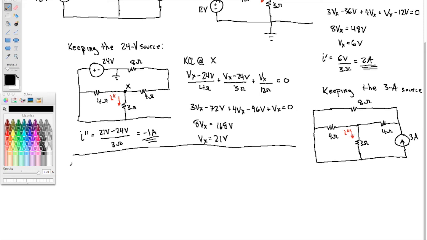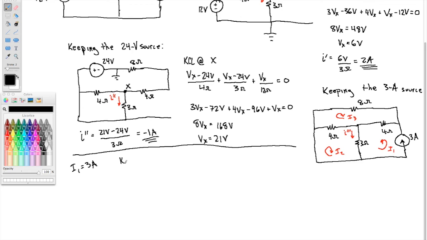Let's use mesh analysis. So here's a mesh current, call this capital I1, here's capital I2, capital I3. We know right away that I1 is 3 amps from the current source.